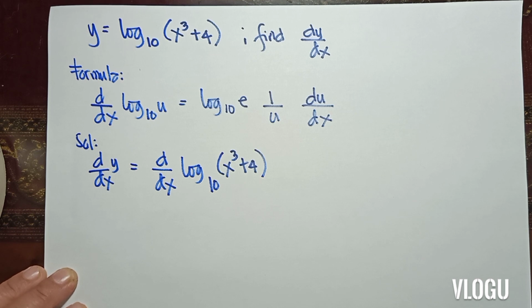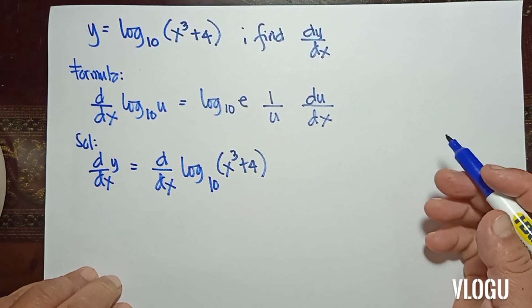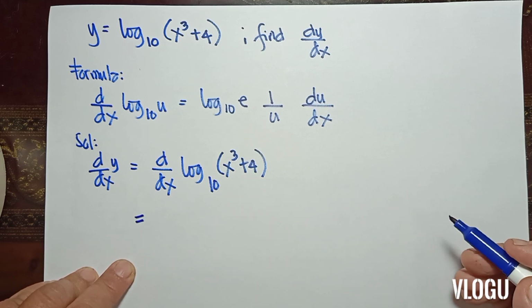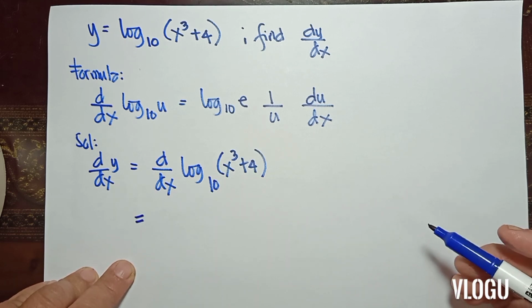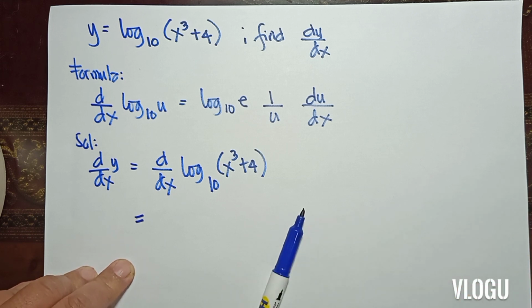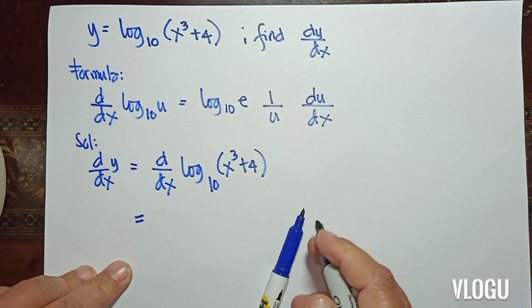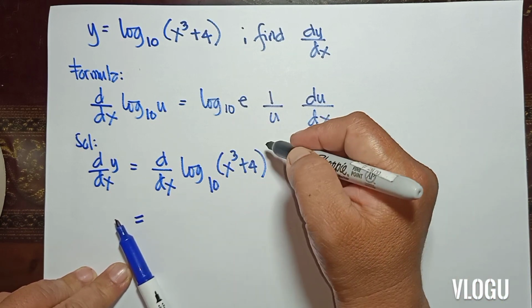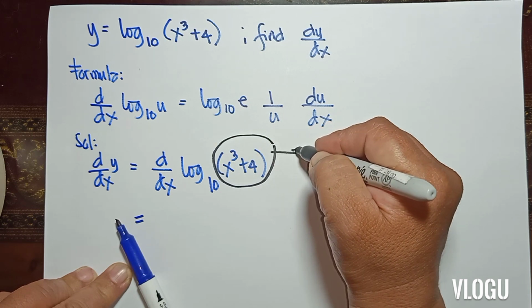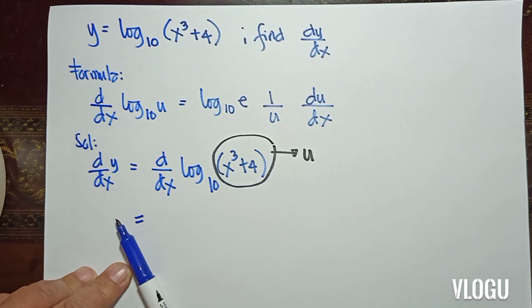So therefore, from our formula, we have 1 over u. What is our u here? Our u here is x cubed plus 4. So this one is our u.